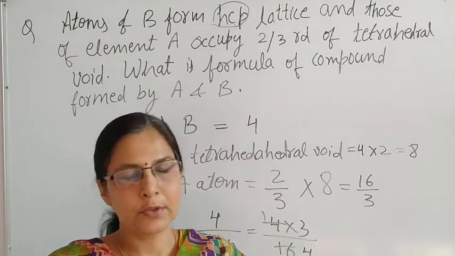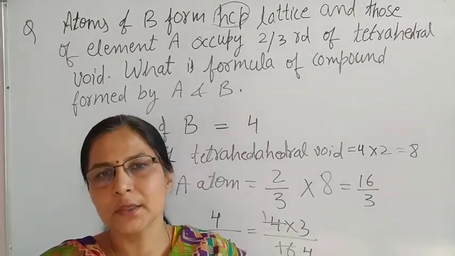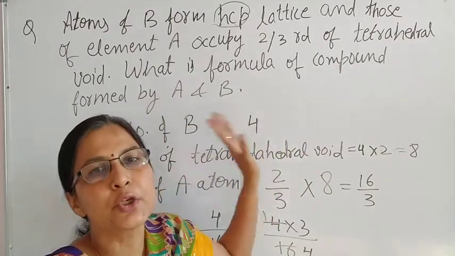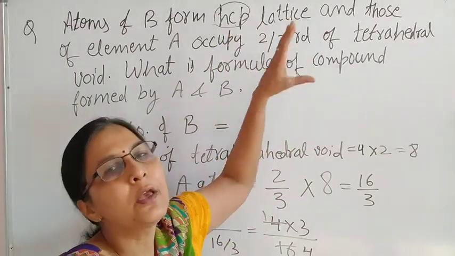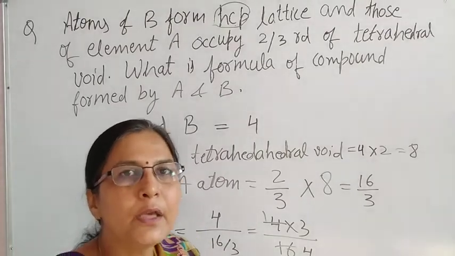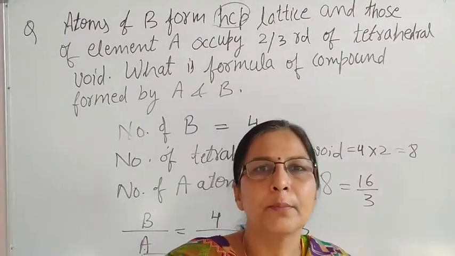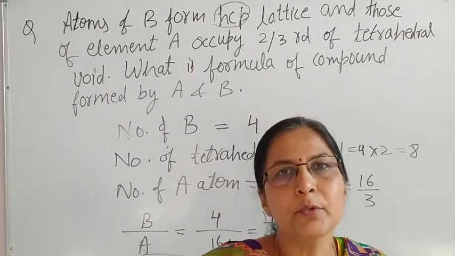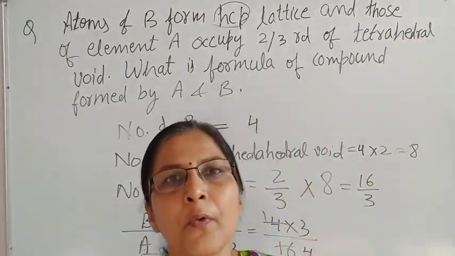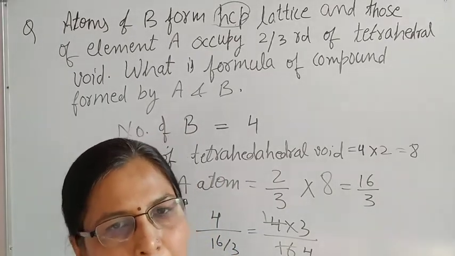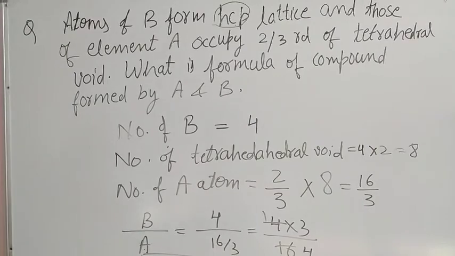If we can understand the radius ratio of this cation and anion, meaning the ratio of lattice point and void, then we can say something about the stability of the compound. So our next step is to determine the radius ratio of atom and void. We will continue. Thank you.